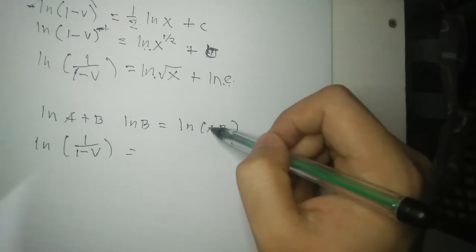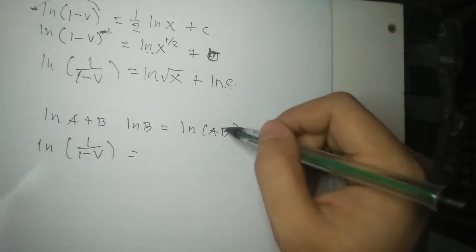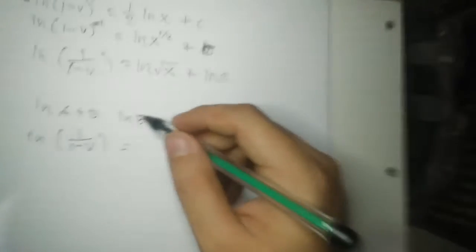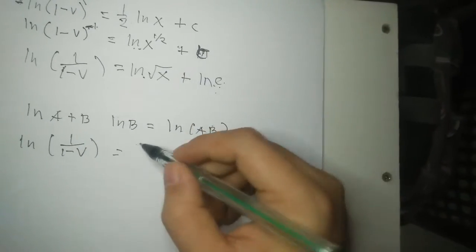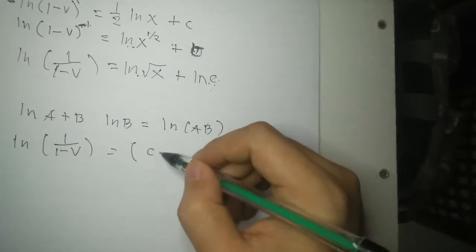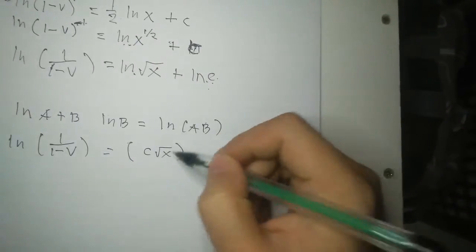Here A is c and B is the square root of x, so this will become c times the square root of x.